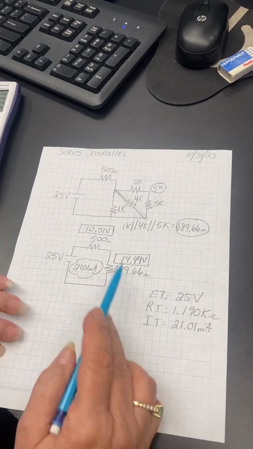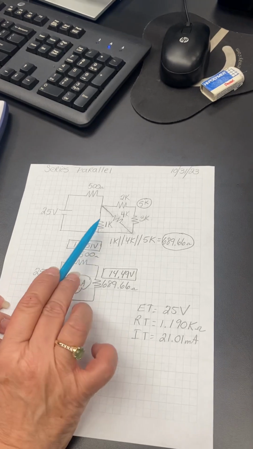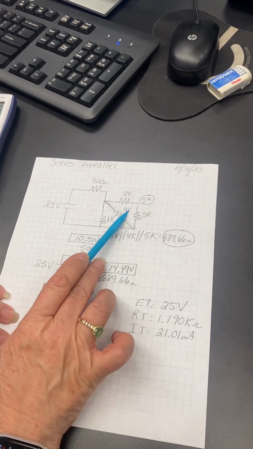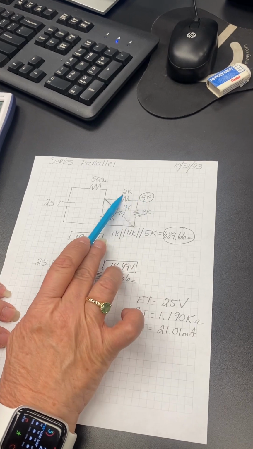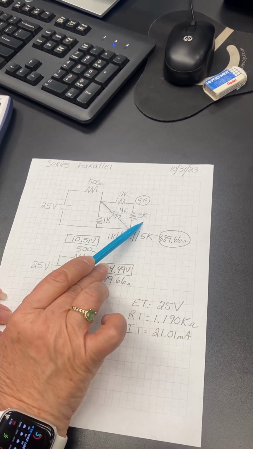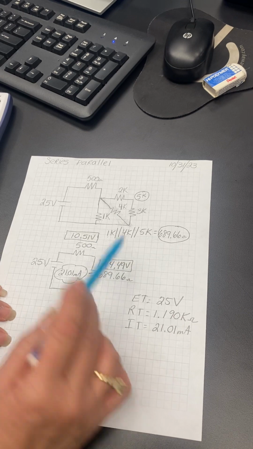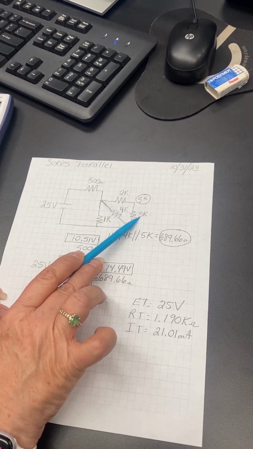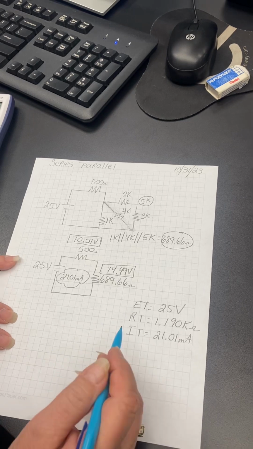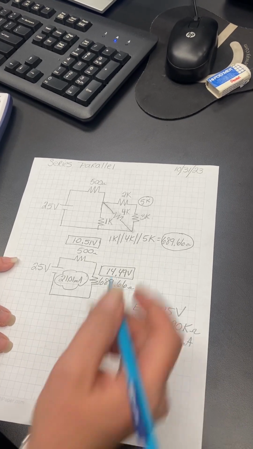Okay, this voltage is going back to the 1K, the 4K, and the 5K. But this 5K is broken up to 2K and 3K. So the 14 volts will be divided by the 2K and the 3K. But all three of them should be 14.49.